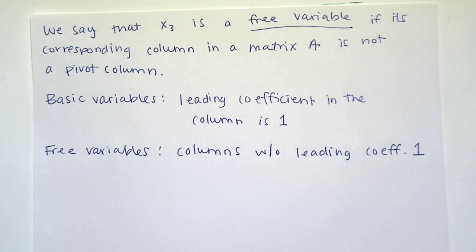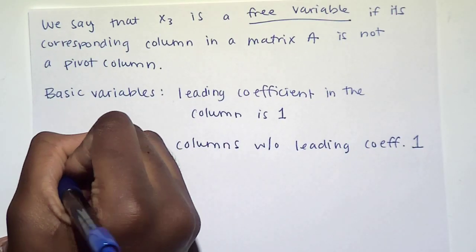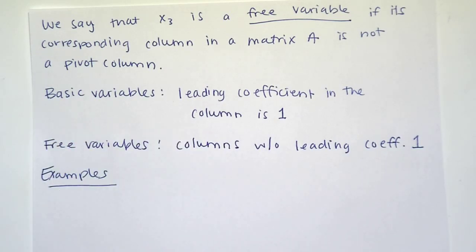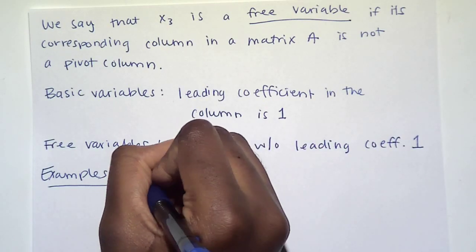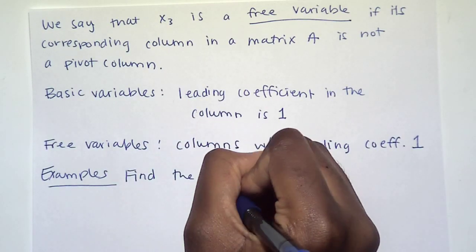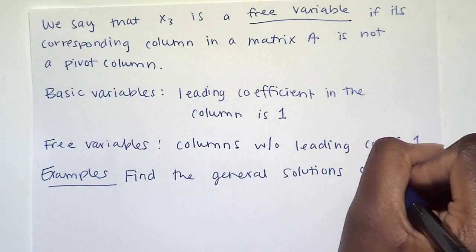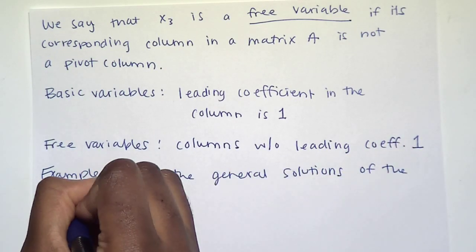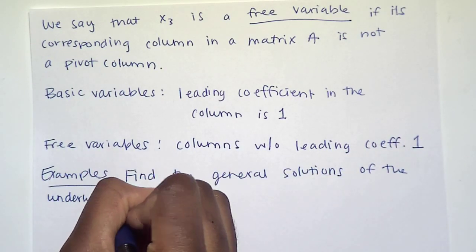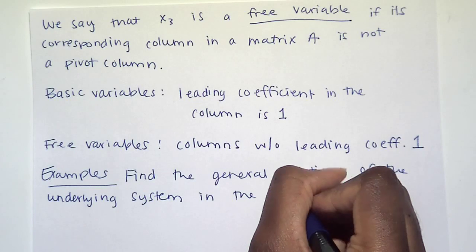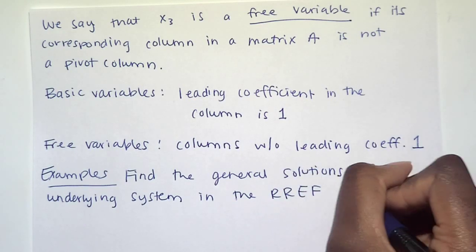All right, so let's look at some more examples and work on finding general solutions and writing them in parametric form. Okay, so here are some examples. We want to find the general solutions of the underlying system in the RREF matrices.